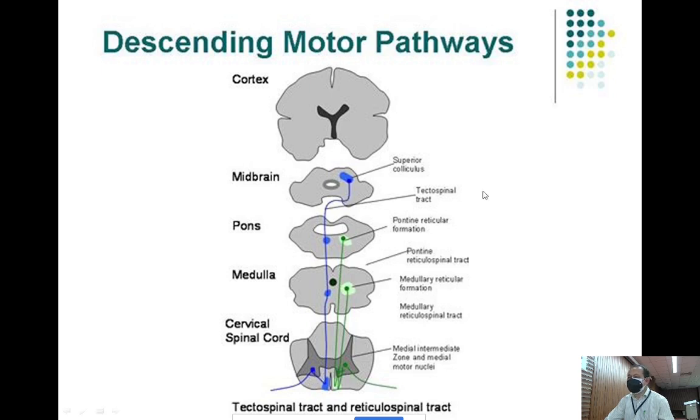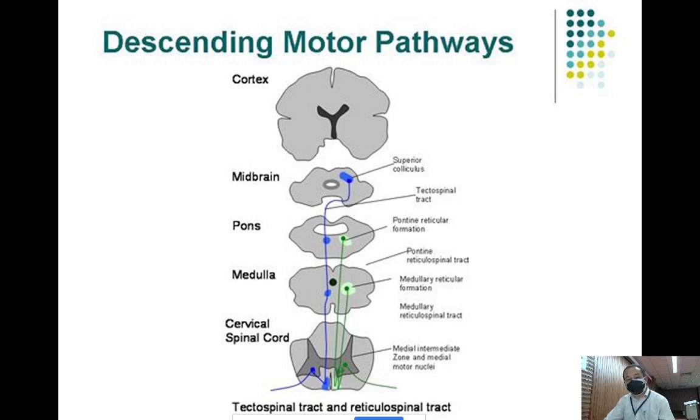Now, as I've said, it takes origin from the superior colliculus or tectum, so it is involved with the control of eye movement during angular acceleration or linear acceleration. Because of movement of the head in space or the body, the eye will accordingly be adjusted to the movement of the head in space.